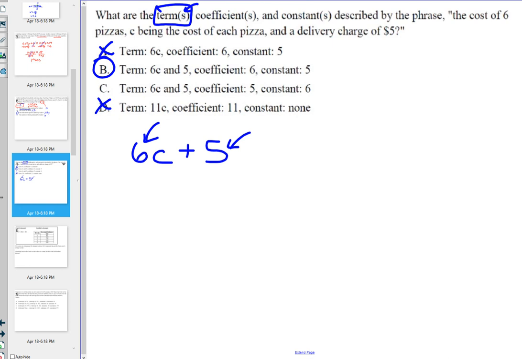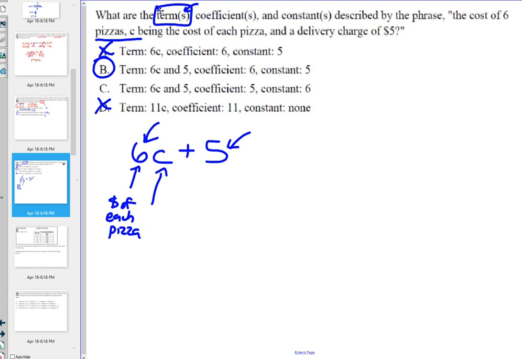Read, that's confusion face. 6 is the cost of each pizza. I don't know why they're using a C for it, but they decided. Oh no, I'm sorry.